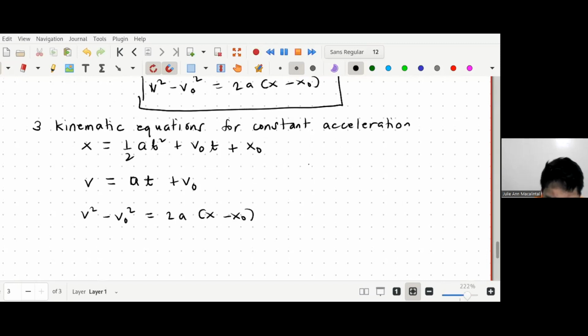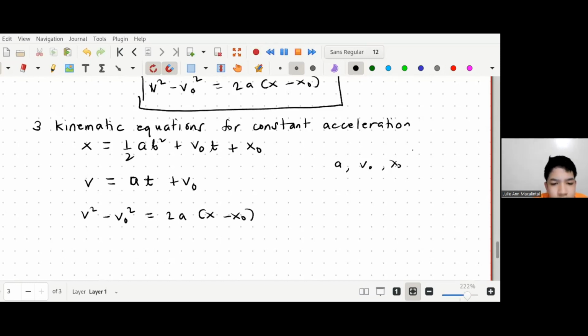And a, v naught, x sub 0 can be positive or negative. So kailangan mag-ingat. So if acceleration is to the left, then a is negative. If acceleration is to the right, then a is positive. Velocity, ganun din. If the velocity is positive, that means the particle is moving with that speed to the right.